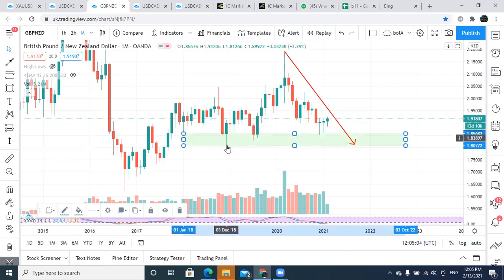We've tested this support the first time on monthly, tested the second time on monthly, reaching the third time on monthly, and then now first doji, second doji. Does it look as if this gentleman really wants to go down, right?